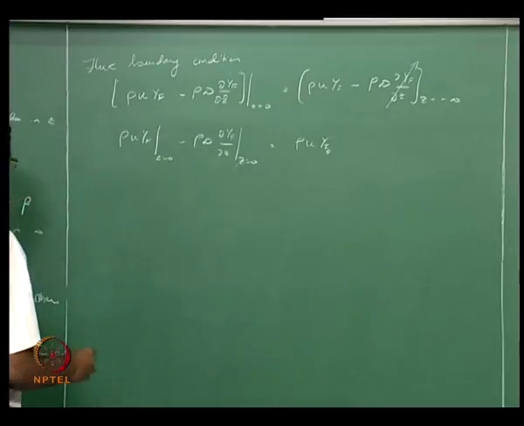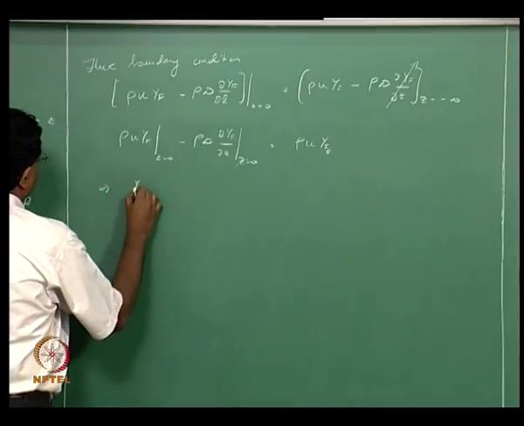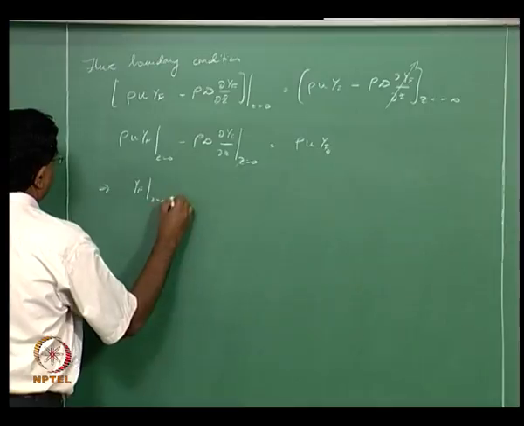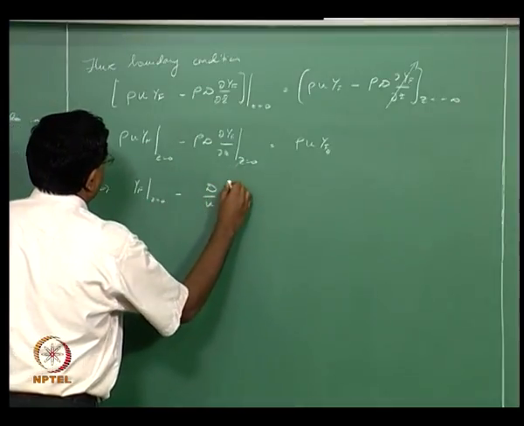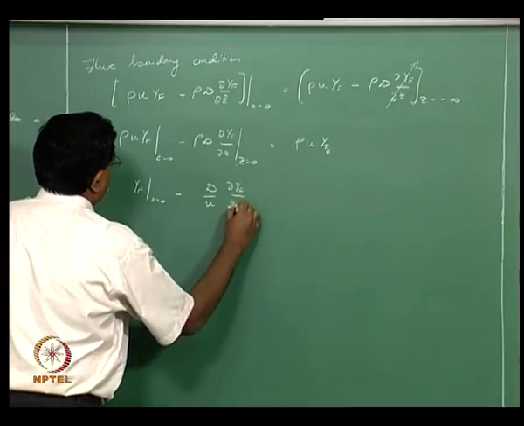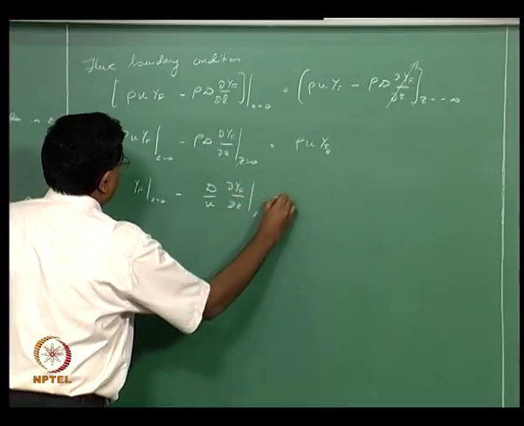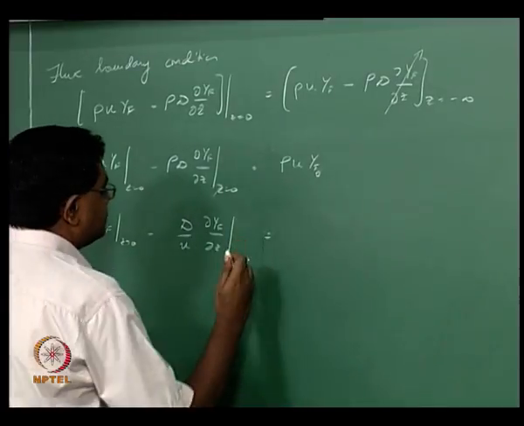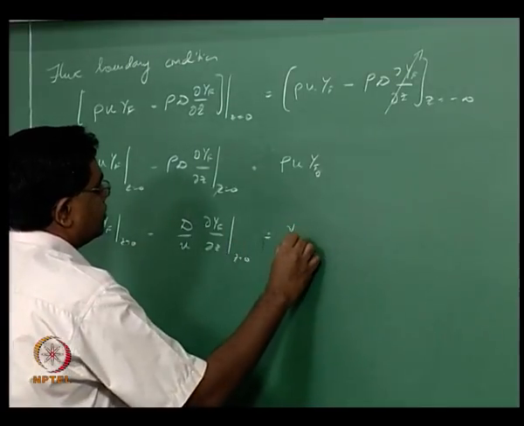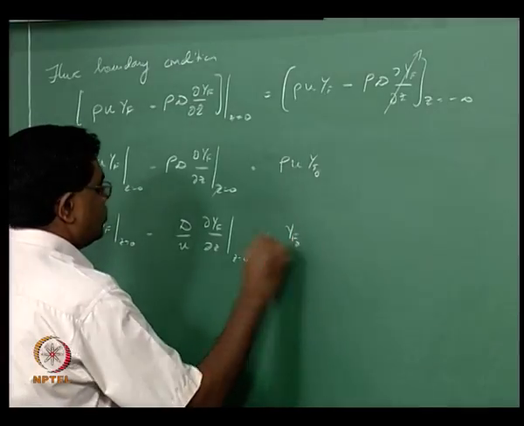And then you can say Y_F at Z equal to 0 minus D over u dou Y_F by dou Z at Z equal to 0 equals Y_F0.